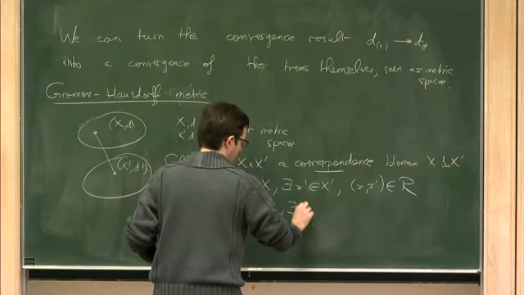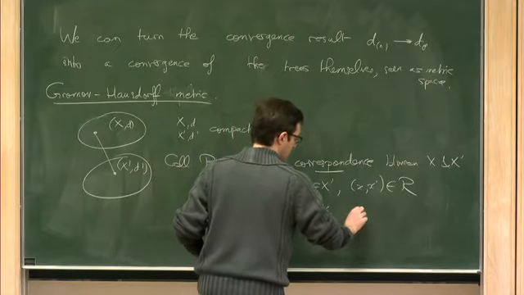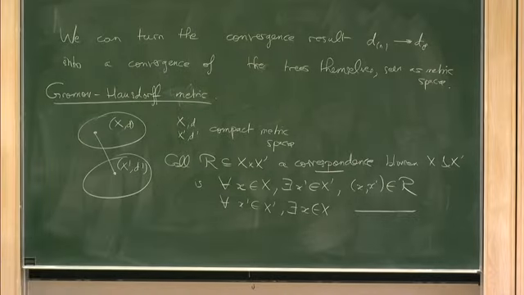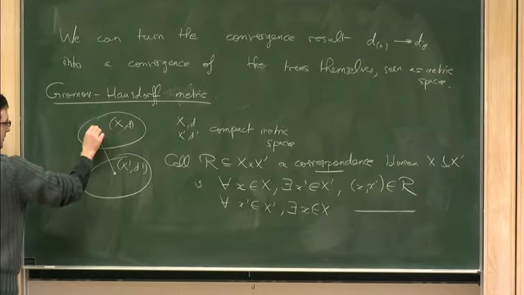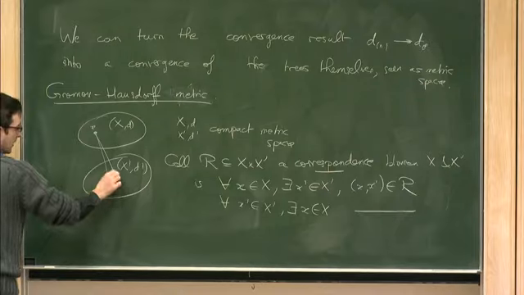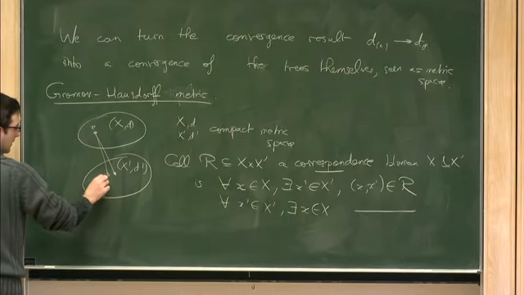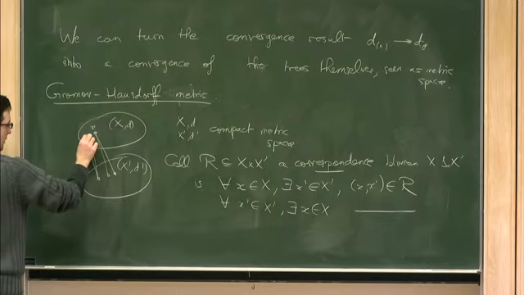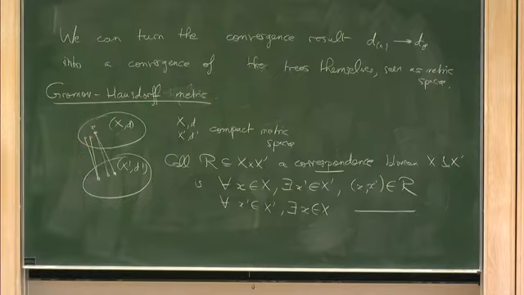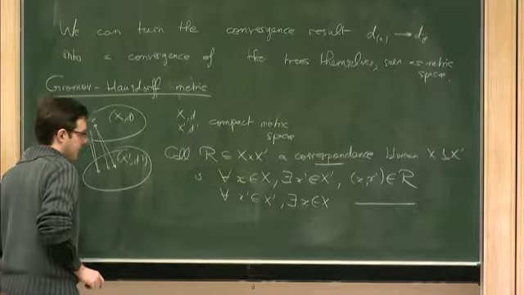So every point of either of these two spaces is in correspondence with at least one point in the other space. For instance, x can be in correspondence with two points or even more than that. And vice versa, a point on the other side is in correspondence with a point in X.